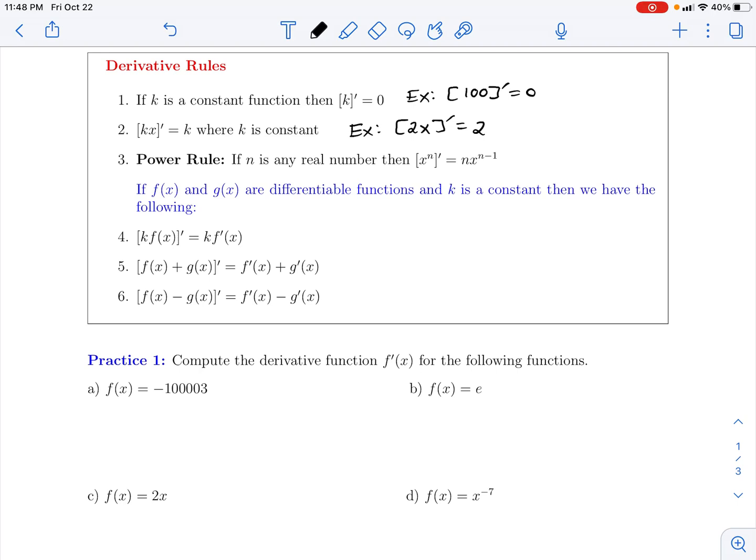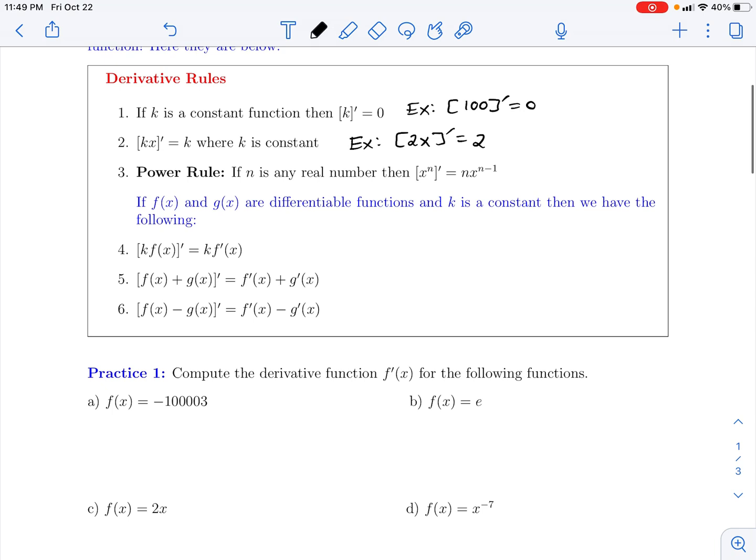The third rule here is what we call the power rule. It says that if n is any real number, then the derivative of x to the n is n times x to the n minus 1. Basically what happens is you bring down the power, copy the x variable, and then it's to the power minus 1.